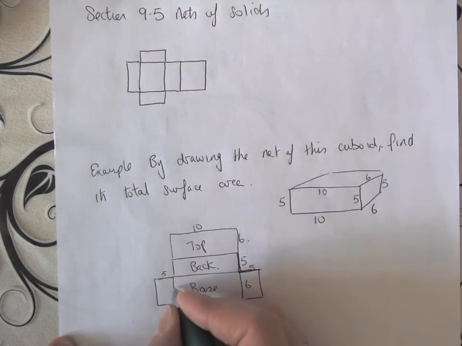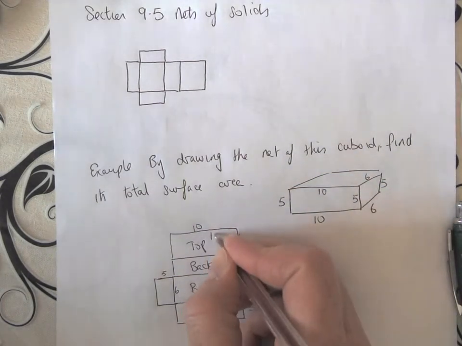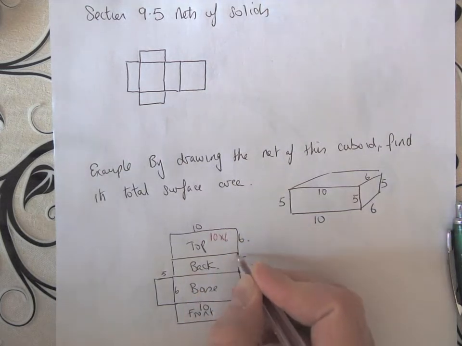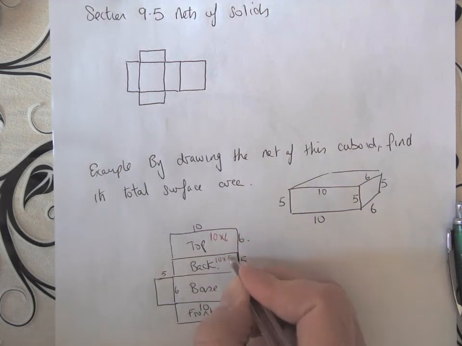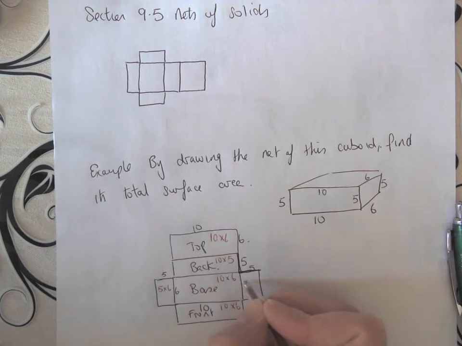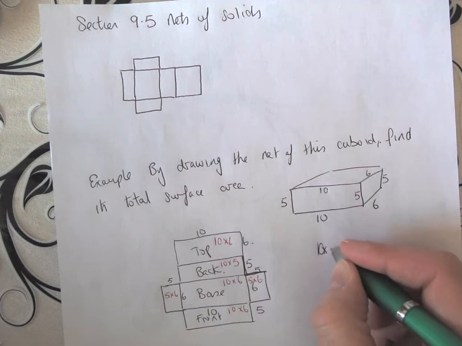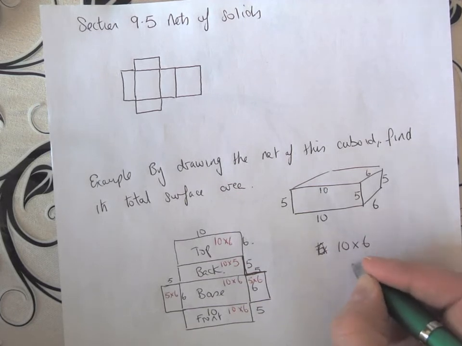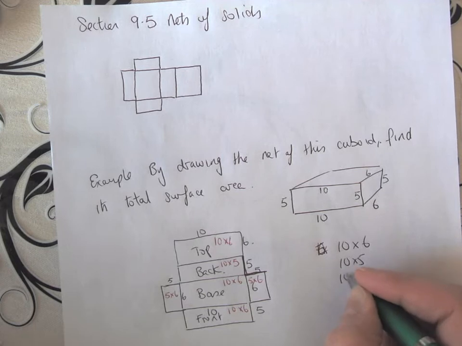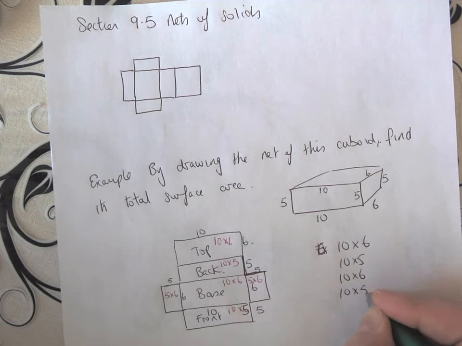It said, by drawing the net, find the surface area. Surface area means all the pieces you can touch around the outside. So when you have the flat shape, it's just the area of each bit. This bit is 10 by 6, this bit is 10 by 5, this bit is 10 by 6, this bit is 10 by 5, this bit is 5 by 6, and this bit is 5 by 6. You can write all of those out: 10 by 6, 10 by 5, 10 by 6, 10 by 5, 5 by 6, and 5 by 6.